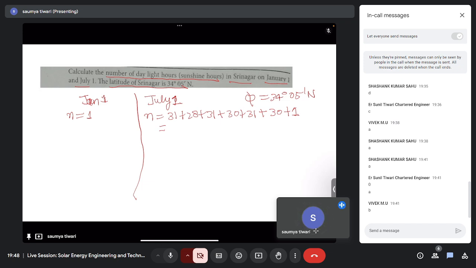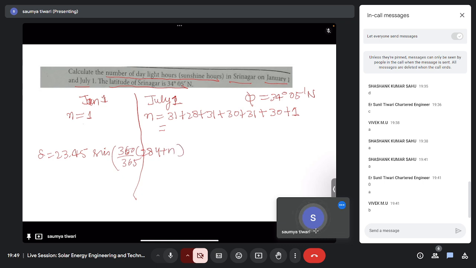Next, we can calculate the declination angle, which will be 23.45 or 23.5 sine 360 by 365 into 284 plus n.